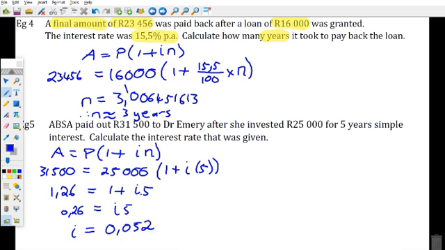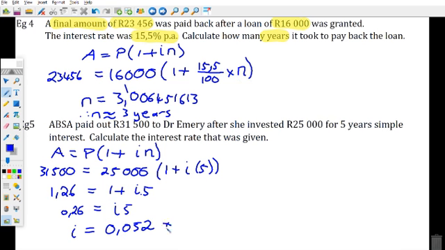Now, look at that. They're asking for the interest rate that was given, my i. What did we always write? If we wrote here, look, 15.5%, we divided it by 100. So what do we have to do to this to get it into a percentage? Times by 100.